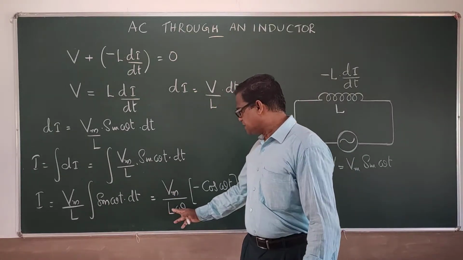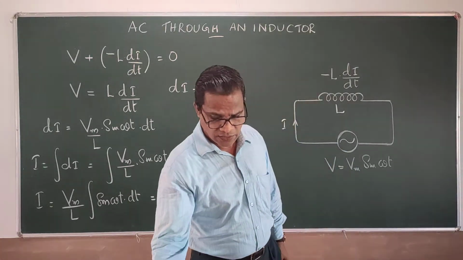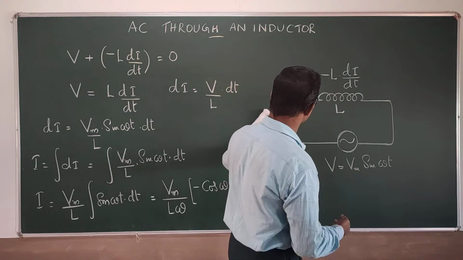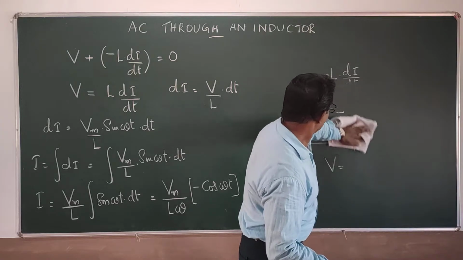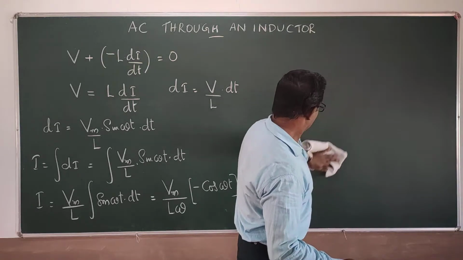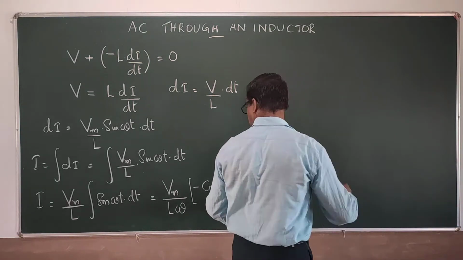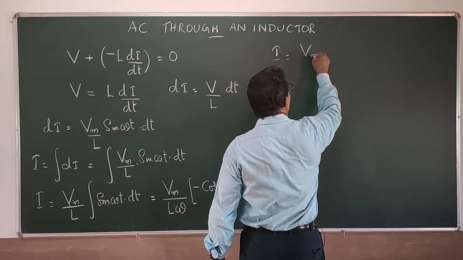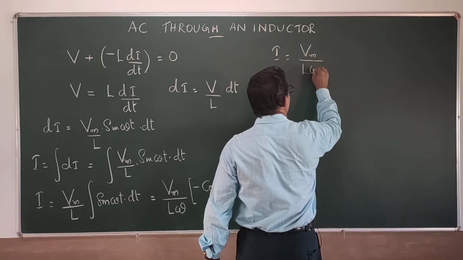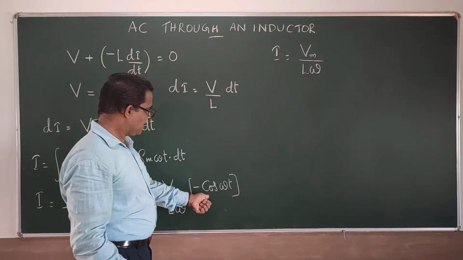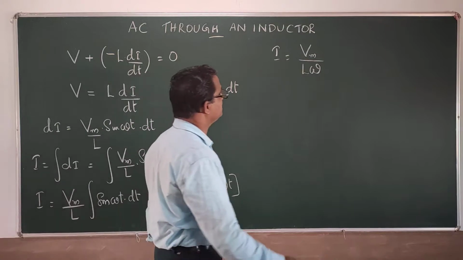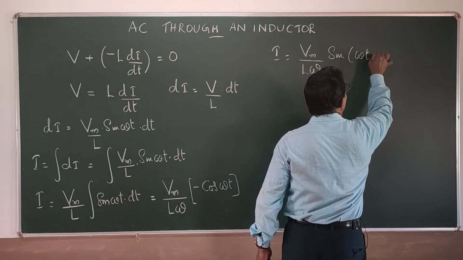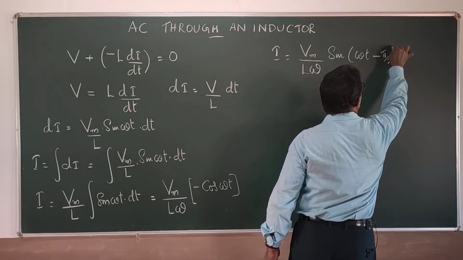So the instantaneous current is coming like this. This can be taken as I equal to Vm by L omega, and the minus cos omega t I can take as sin omega t minus pi by 2.